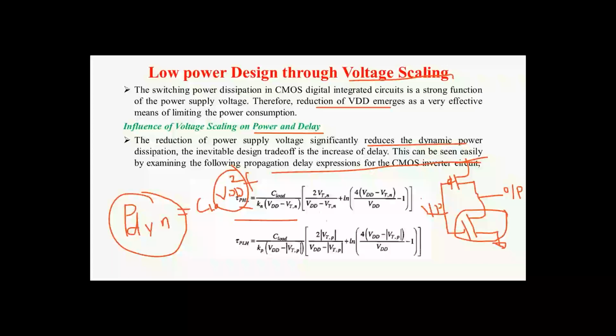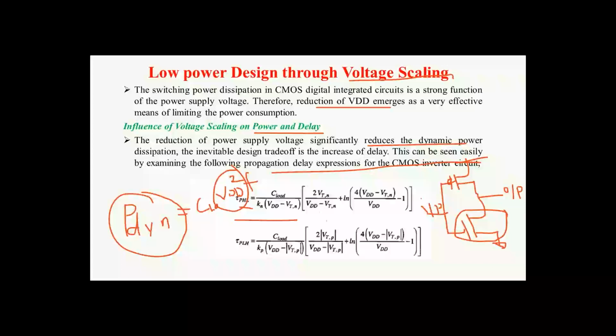The propagation delay is expressed as C load divided by Kn times VDD minus VTN, multiplied by 2 VTN divided by VDD minus VTN, plus the natural logarithm of 4 times VDD minus VTN divided by VDD minus VTN. This is the propagation delay for high to low, when the NMOS transistor is on.